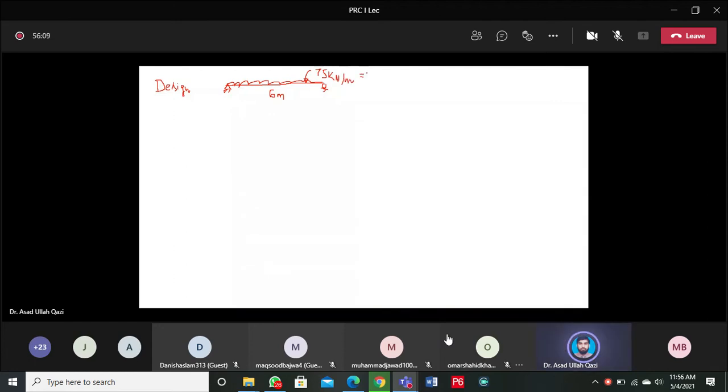Wu is given to you. It is 75 kilonewton per meter. The beam is 6 meter span, simply supported.